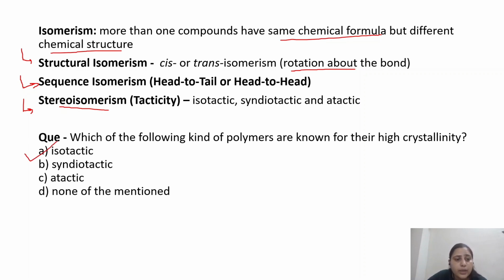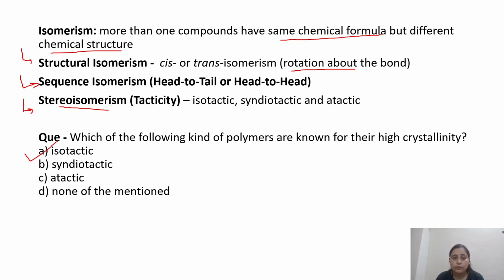Why isotactic? In isotactic polymers, the pendant groups are all on one side of the hydrocarbon chain, so the structure is very organized and aligned, with tight packing. Because of that, the crystallinity is very high, and it also shows a high melting point and a high Tg value.